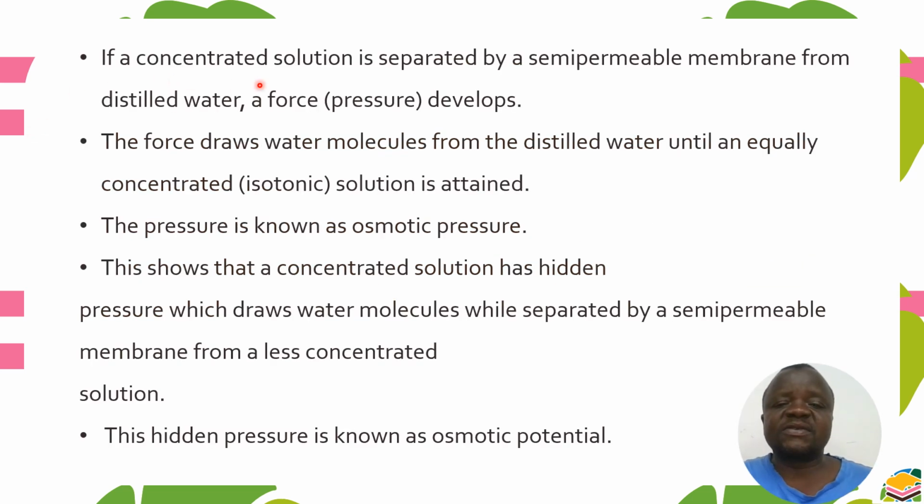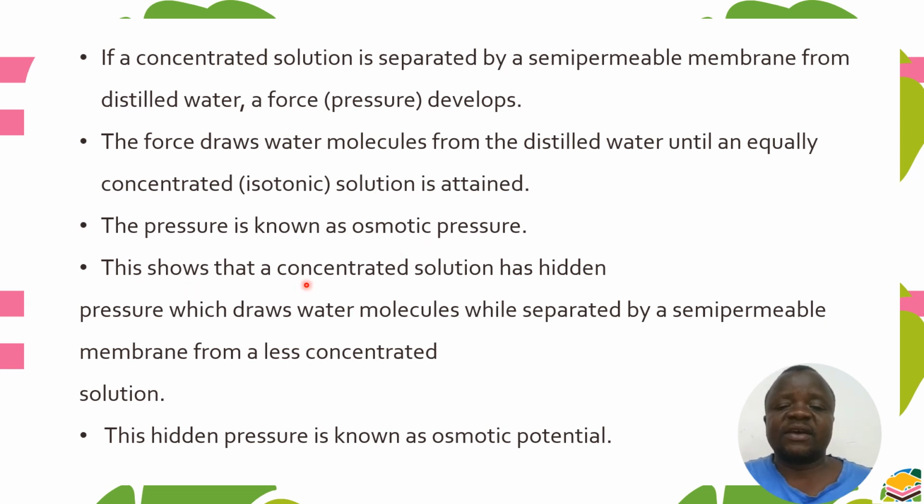Now, if a concentrated solution is separated by a semi-permeable membrane from distilled water, a force pressure develops. Now, the force draws water molecules from the distilled water until an equally concentrated solution is attained, which is isotonic solution. So the pressure is known as osmotic pressure.